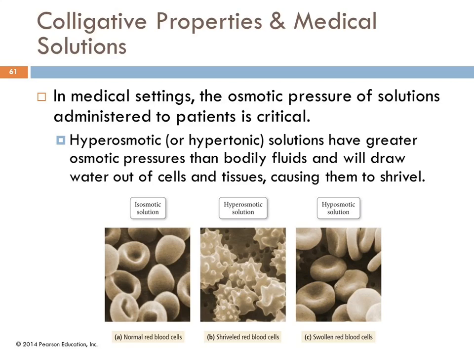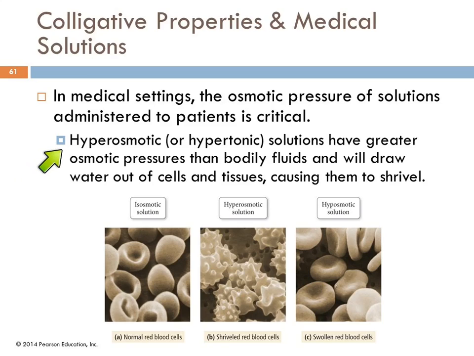Blood cells have semi-permeable membranes. And so if you're giving someone IV fluids, it's very important that the fluids you're pumping into them have the same solute concentration as what's inside the blood cells, because you don't want osmosis happening on your blood cells.